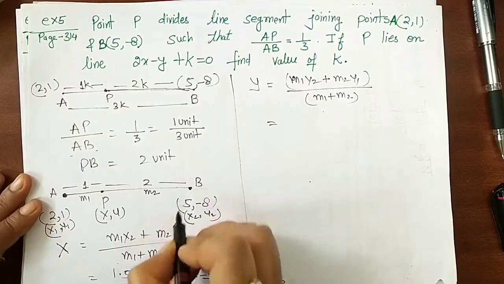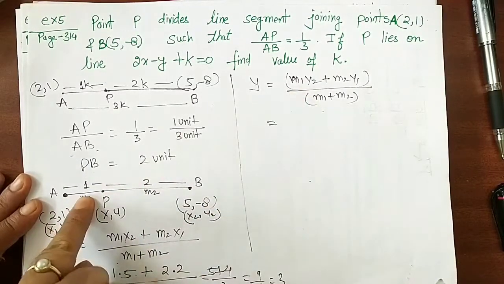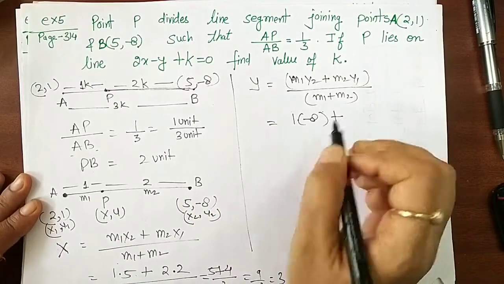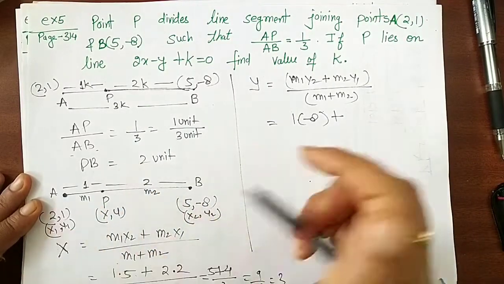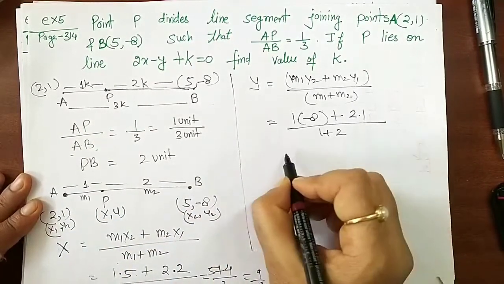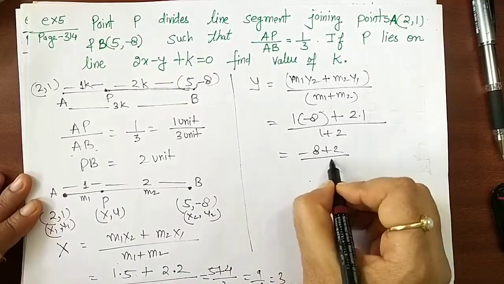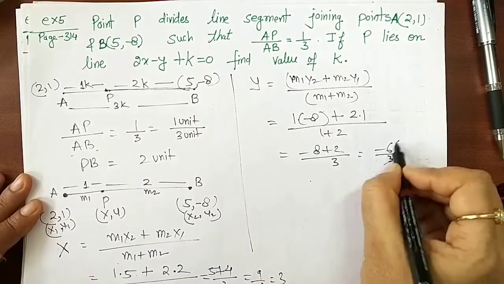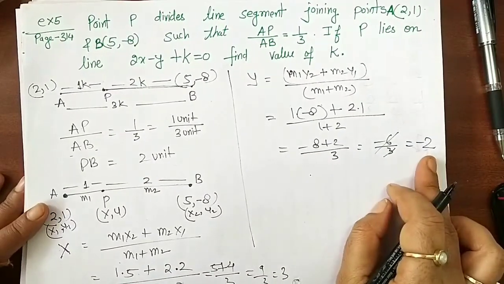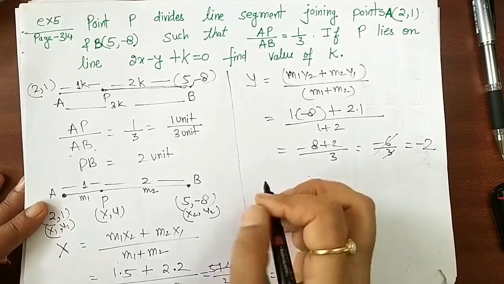So in this, m1 y2 is 1 into minus 8 plus m2 y1, 2 into 1, by m1 plus m2, which is 1 plus 2. So which is minus 8 plus 2 by 3, minus 6 by 3. So you can observe that the calculations are pretty simple. So you got minus 2.